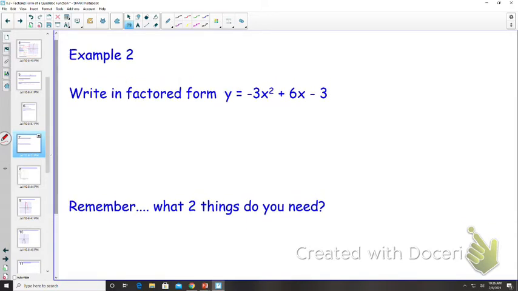Example 2. So write this in factored form. So when we're factoring, we need to take something that is common to every term in our equation. So what is something that we could factor out here? X?